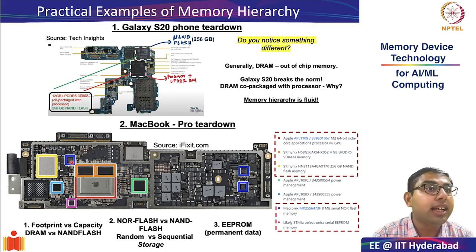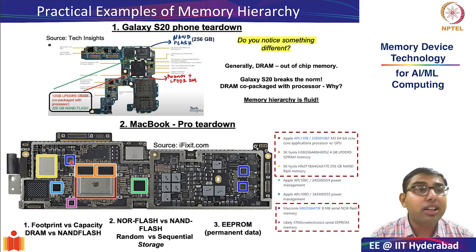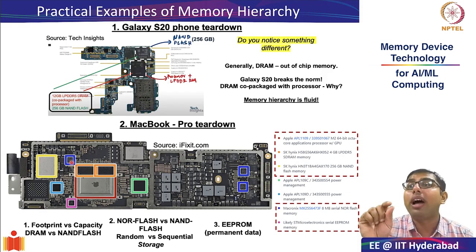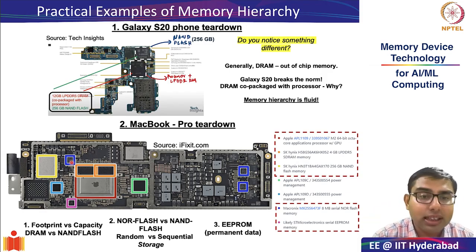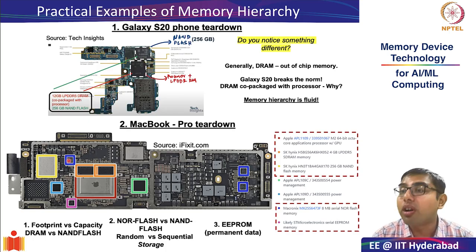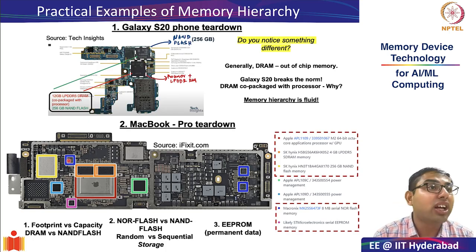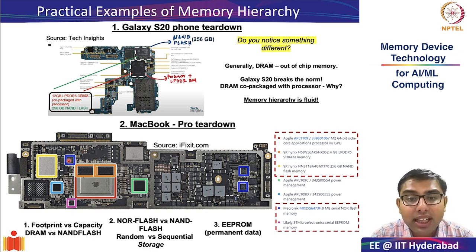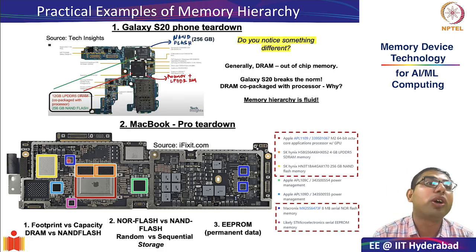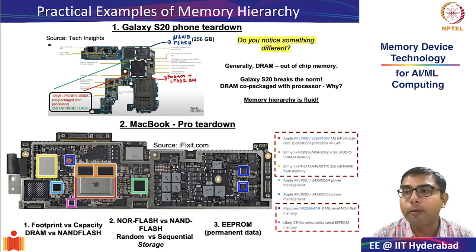So the latency for permanent data in certain applications you would want to be very, very small. And this is where NOR flash can play a very important role. So generally you store the boot code in NOR flash so that you can have non-volatility and fast access times because of random access capability.